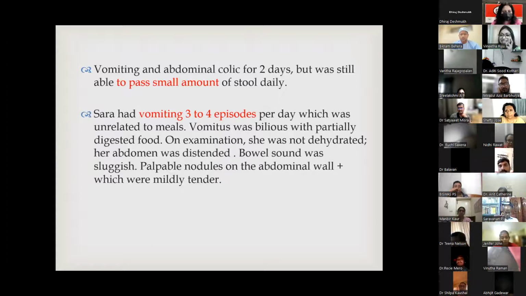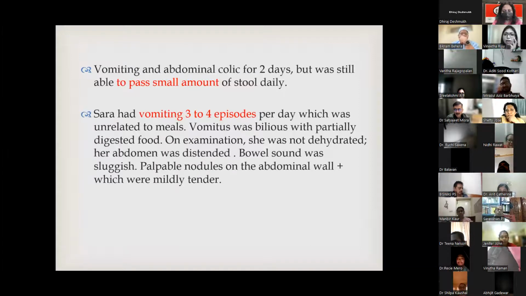Yes, it is a partial obstruction. Now, that first obstruction that we are looking at, chemotherapy itself can cause constipation. So probably she had a prolonged constipation, which is a non-malignant one, and she was passing very little small amount of stool, and she is also having vomiting and abdominal colic as part of the increased abdominal pressure.